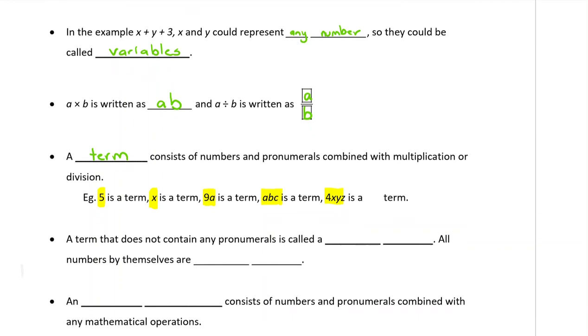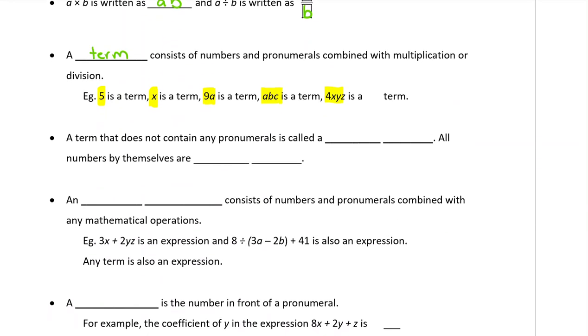All right, next dot point. A term that does not contain any pronumerals is called a constant term.